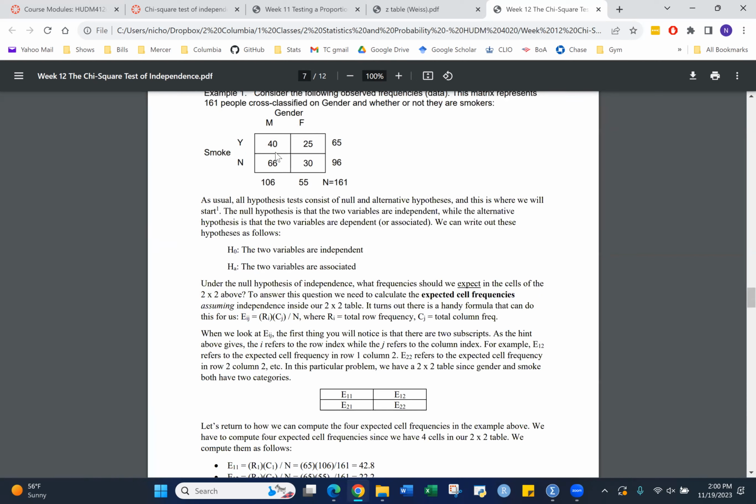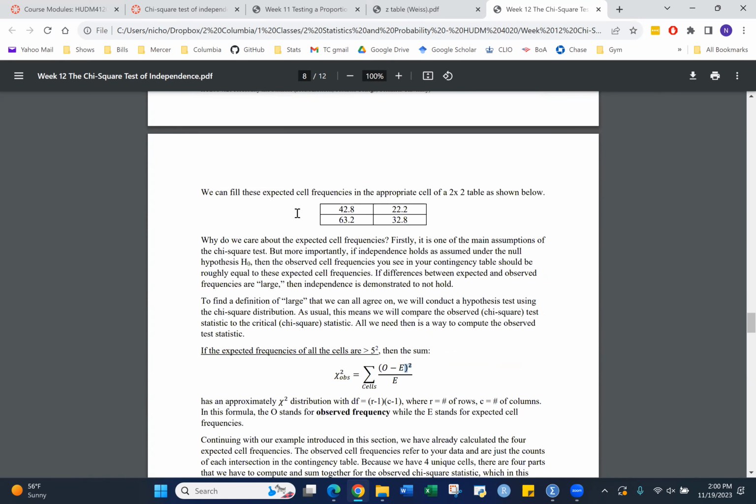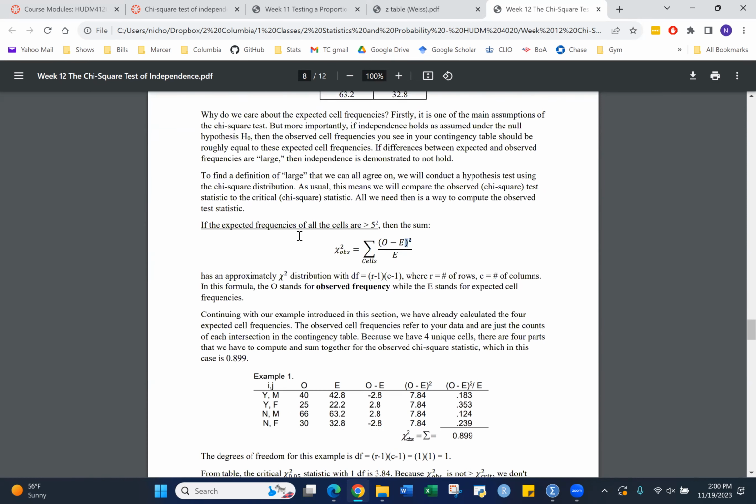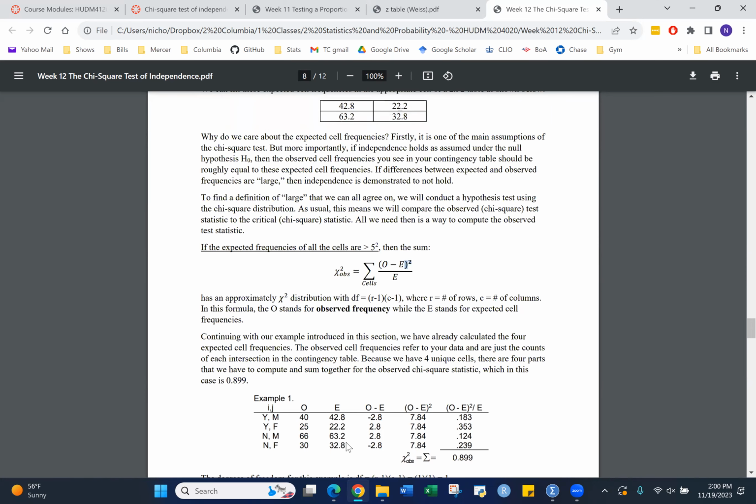That is the data you actually got. The expected, we had to calculate, and we actually calculated these above. And you can see ultimately they correspond. I put it as a 2x2 table here. Here I've put it as 4 different rows because there are 4 different cells in our contingency table.